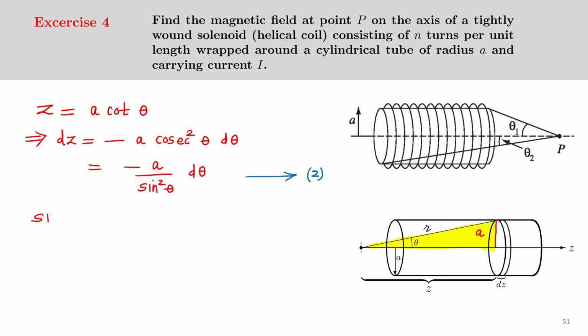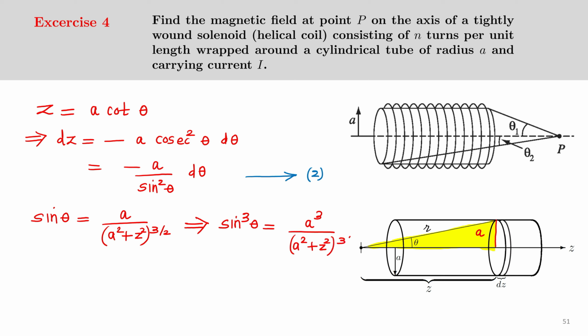Also from the triangle, sine theta is equal to a over the square root of a square plus z square, and therefore sine cube theta is equal to a cube over a square plus z square raised to 3 by 2. From where we'll get 1 over a square plus z square raised to 3 by 2 as equal to sine cube theta divided by a cube.